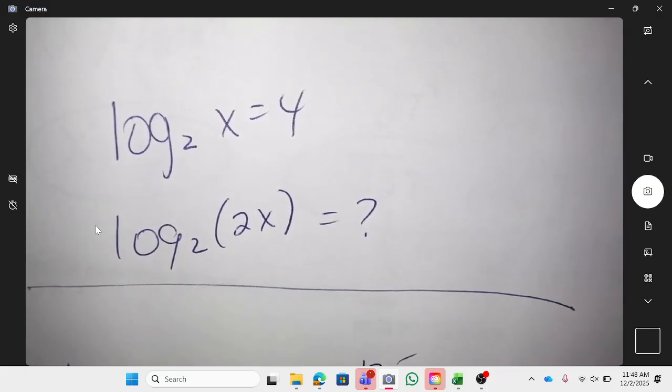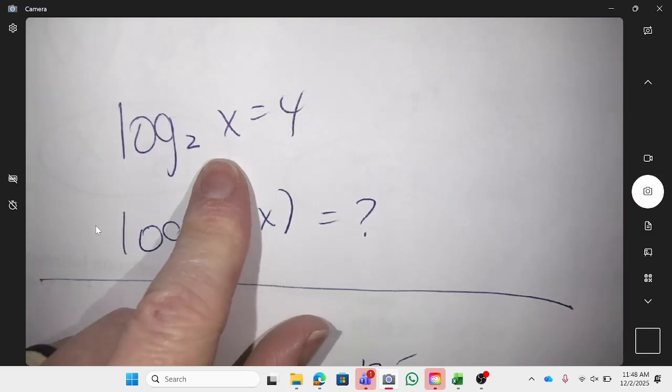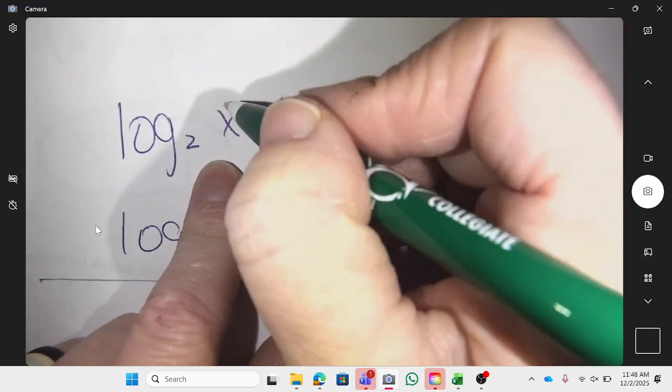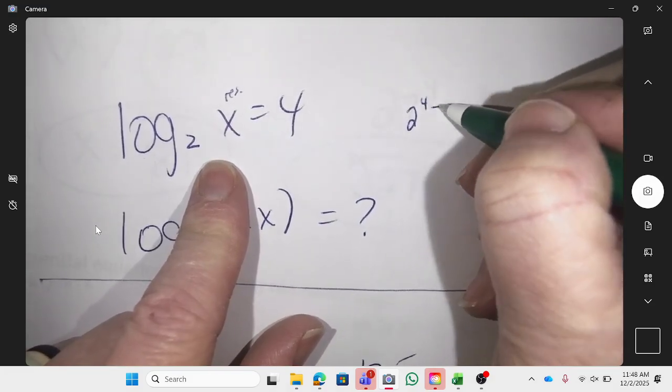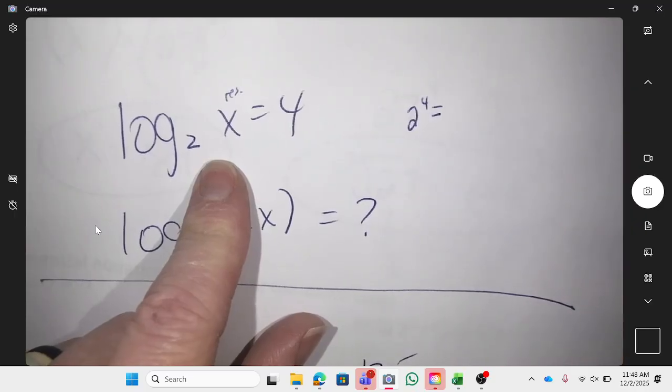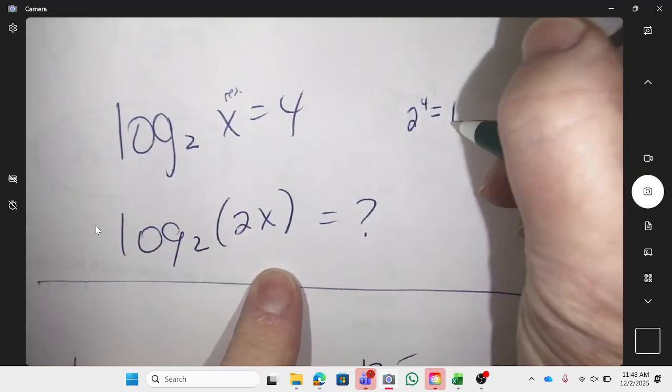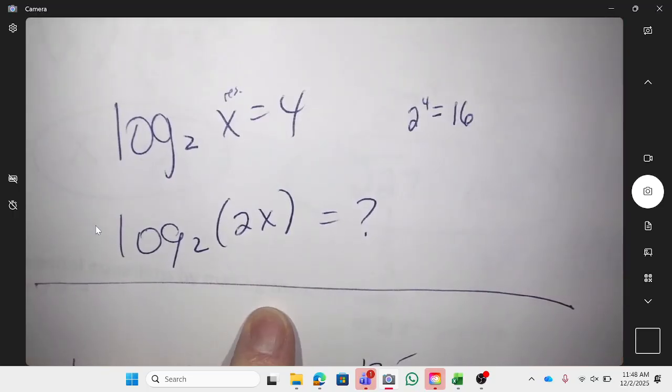Okay, so can you figure out what x is? Rearrange that thing. Rearrange it. What's the base? What's the exponent? So what's the result? That's the result. So 2 to the 4th is what? 16.